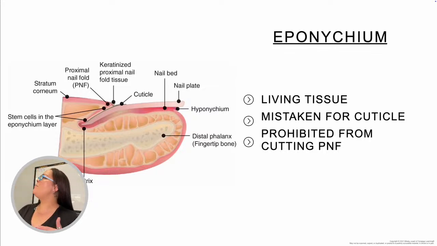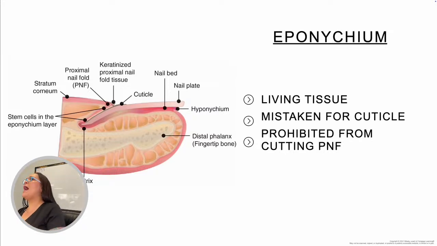So as that eponychium starts to grow up the nail, what happens when it gets past the proximal nail fold and it's exposed to the light, just like a vampire? What happens to the vampire, y'all? Turn to dust and die. So basically, the cuticle used to be the eponychium.